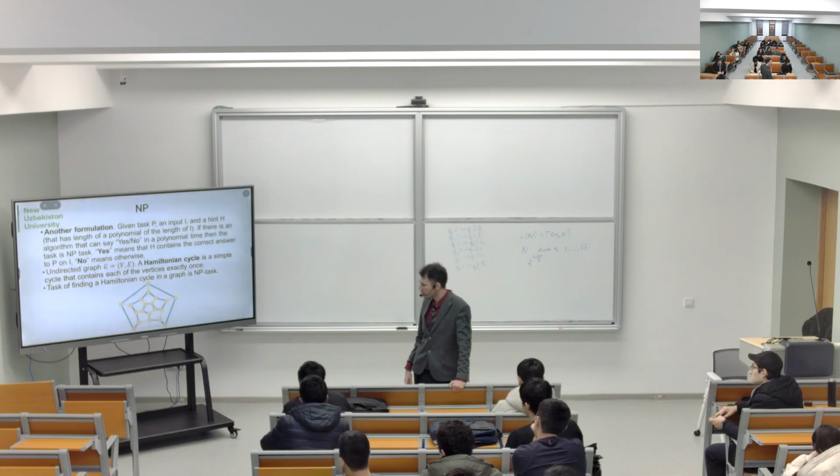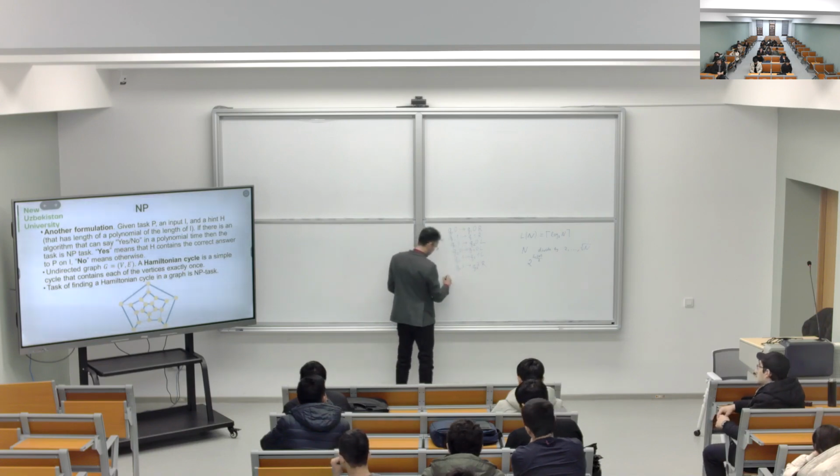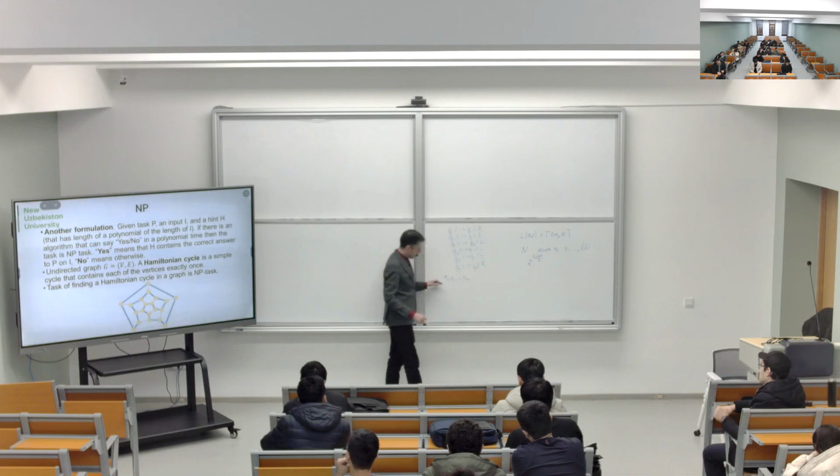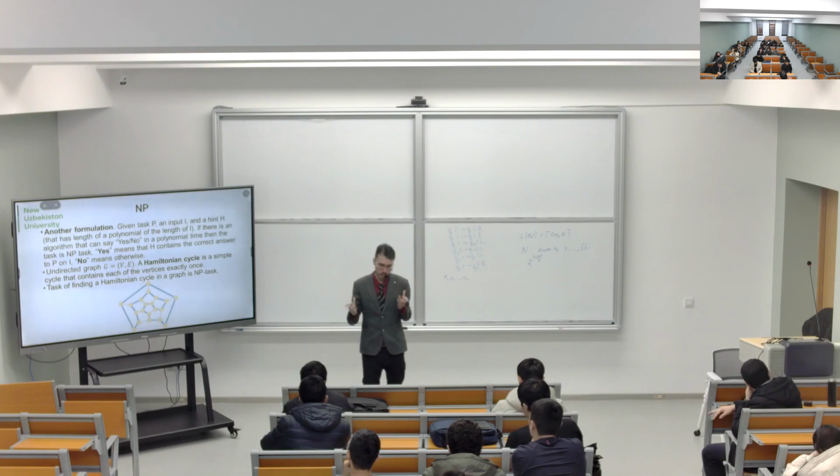For example, I will write the input in the way that I will have all edges, E1, E2, ..., EM. These are the edges of the graph. I can describe the graph using the edges.